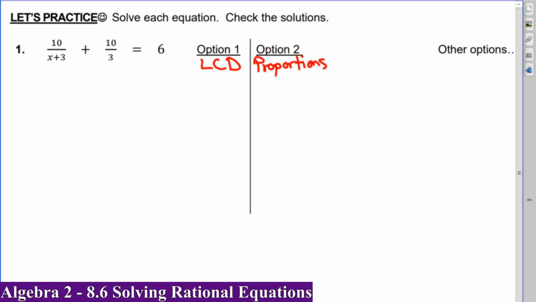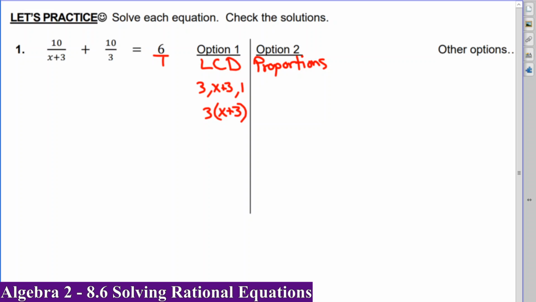Looking at number 1, the least common denominator between all three of those terms, remember this is just 6 over 1. We have 3 in one of them, x plus 3 in another, and 1 in the other. So 3 times the quantity x plus 3 is your least common denominator.